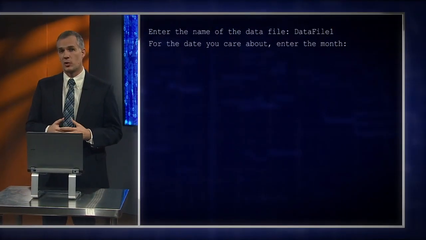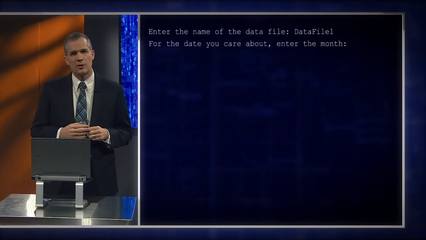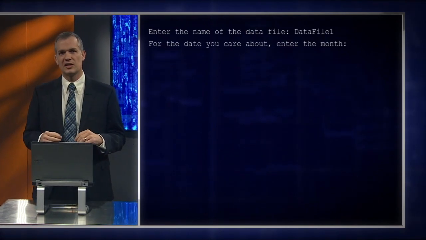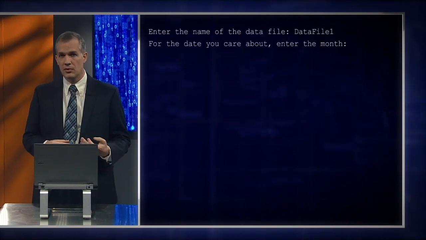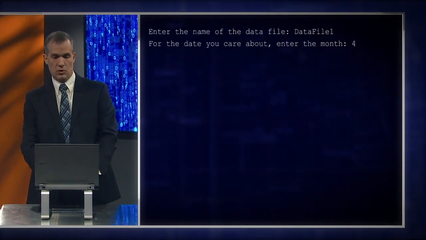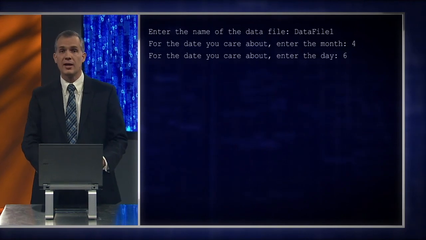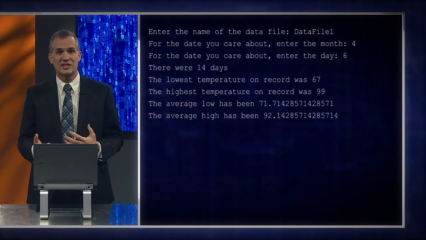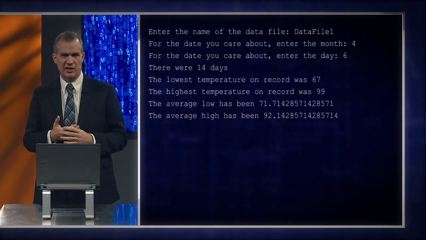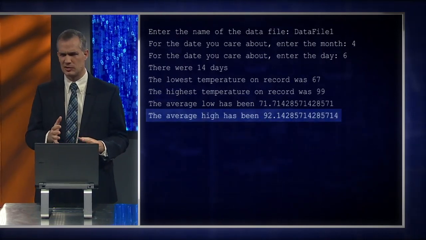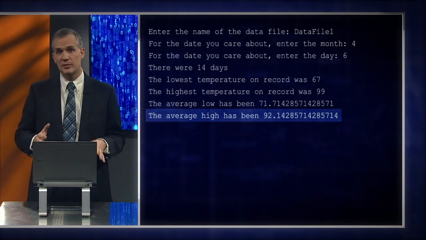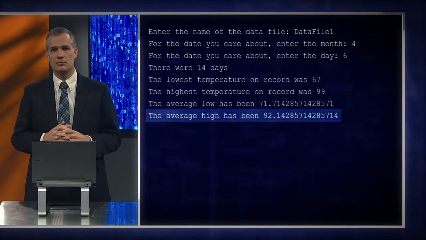Let's look at how this will work on the example we saw earlier. Remember that our first step in debugging is to thoroughly test. We'll run the program, enter a date like April 6th, and get some result. We see the result and it looks reasonable at first glance. Well, maybe the high temperature averaging 92 seems a little high for April, but at least we've got something that's not totally unreasonable.